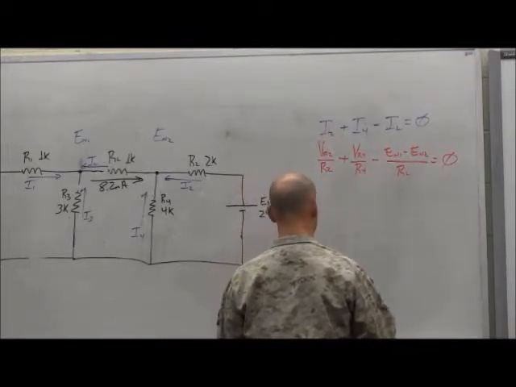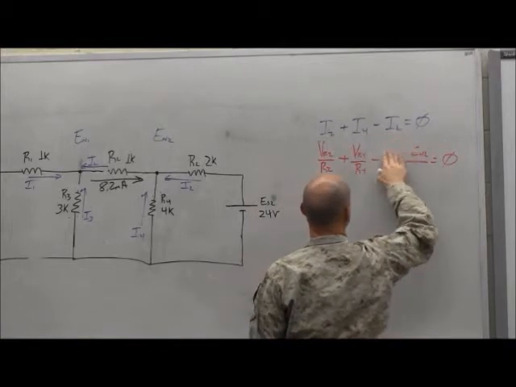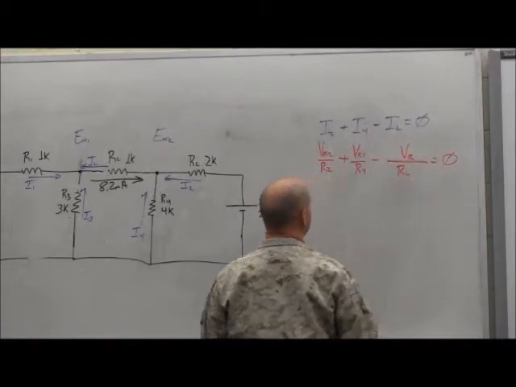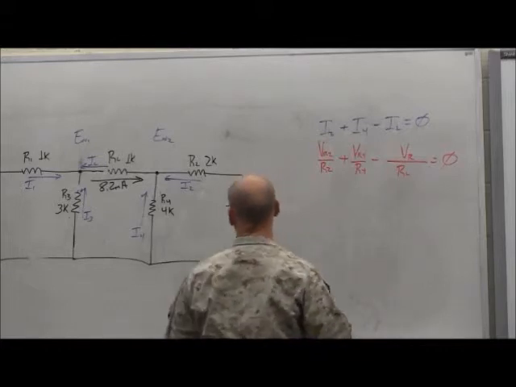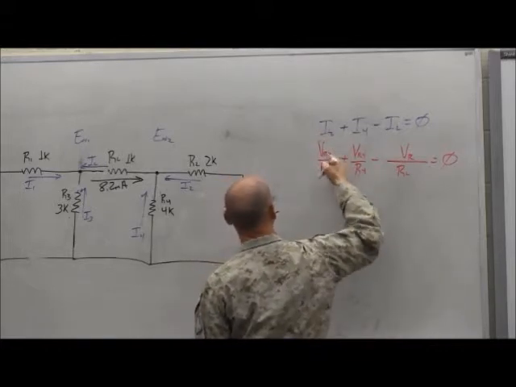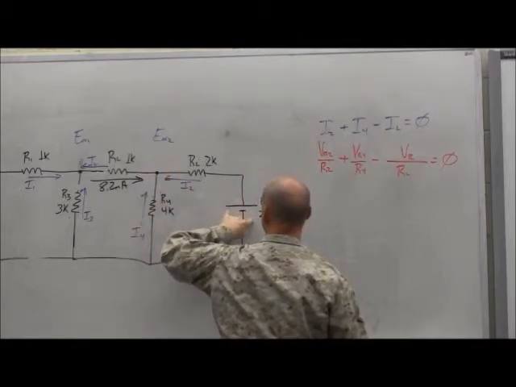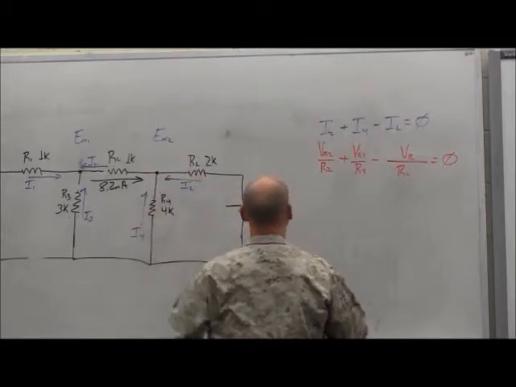Why did I just write that there? Yeah, that should have been the voltage of RL. I skipped a step there. Now I'll substitute for my voltages. The voltage for R2 is going to be EN2 minus ES2, leaving me with the voltage of R2.